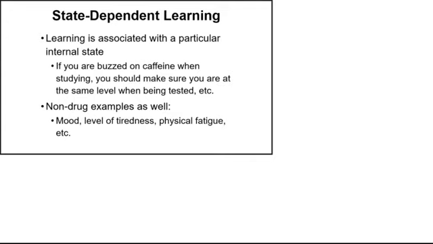So if while you're studying you have lots and lots of caffeine in your system, you should probably take the test with lots of caffeine in your system. And this isn't just for drugs, this is also things like mood and level of tiredness and physical fatigue and all sorts of things. So again, as many different states that can match between testing and studying are going to do better.